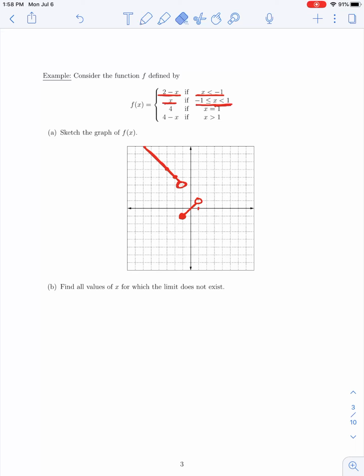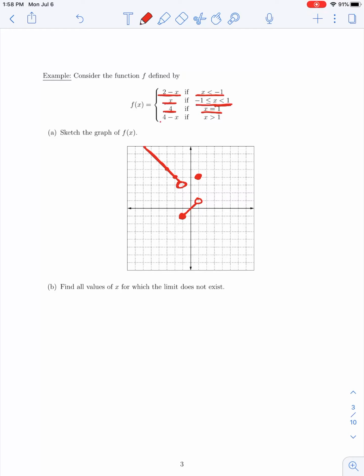Now moving to the next part of our domain, we see if x is equal to 1, our y value is defined as 4. So when x is 1, we have a y value of 4. So we have a closed point at 1, 4.